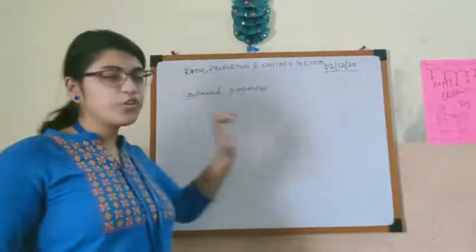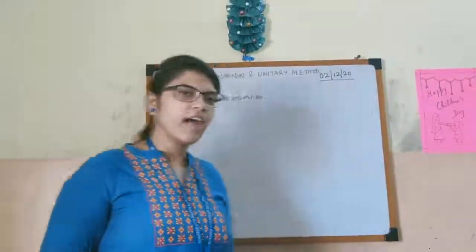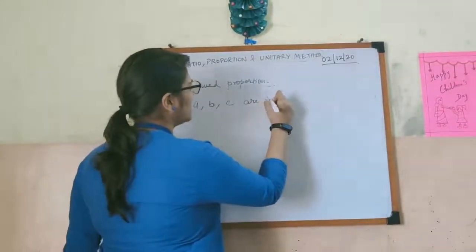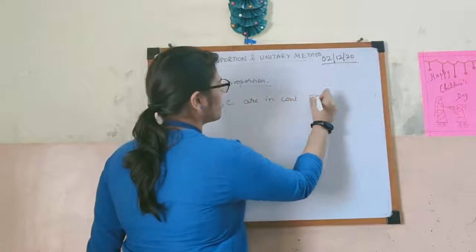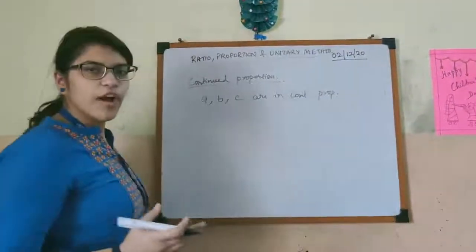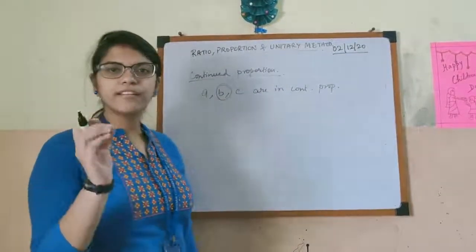Now we have another concept, that is continued proportion. So what is a continued proportion? Suppose you are given that A, B and C are in continued proportion. I am writing in short form. In this case you have to understand that the number in between will repeat 2 times.